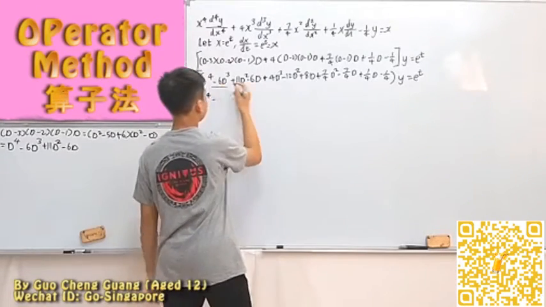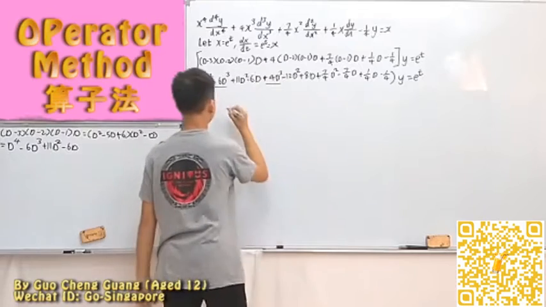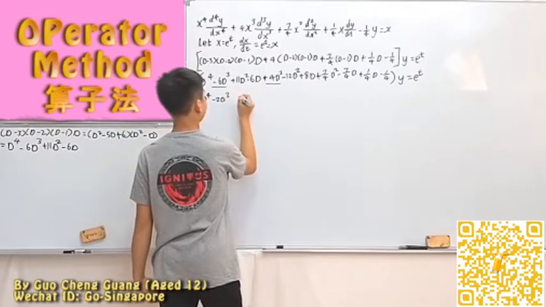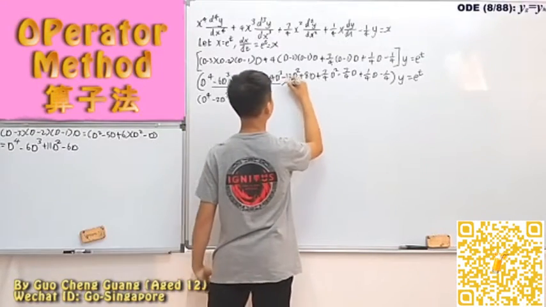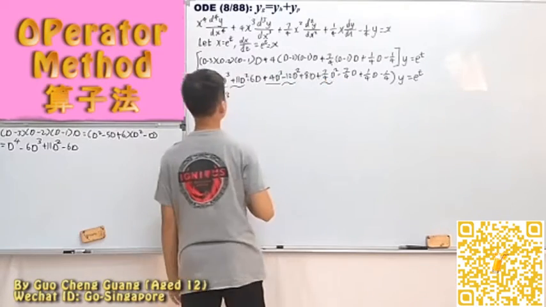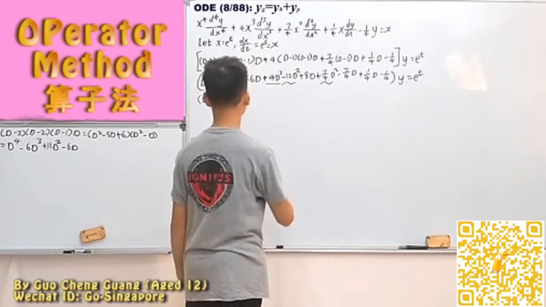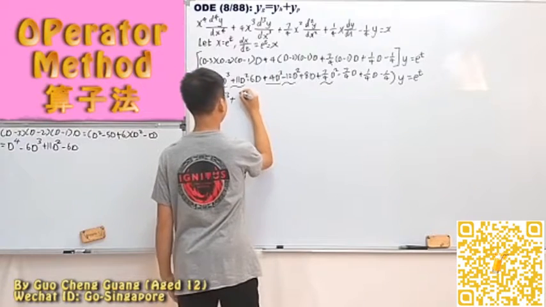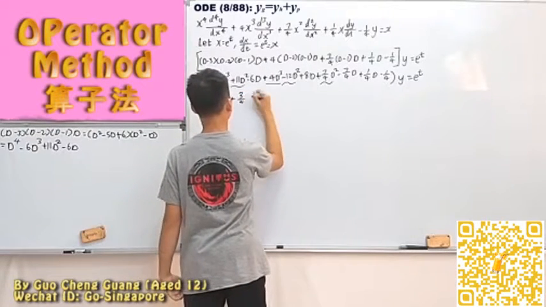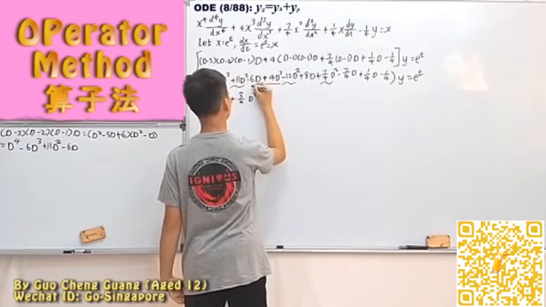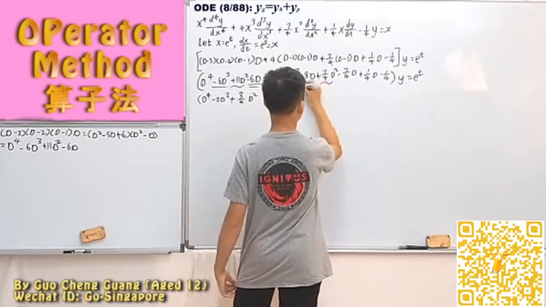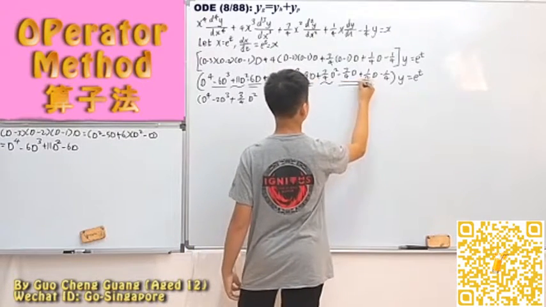So the cube terms, these two, then the square terms, then those without these.